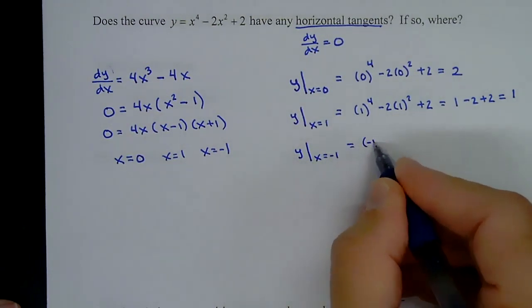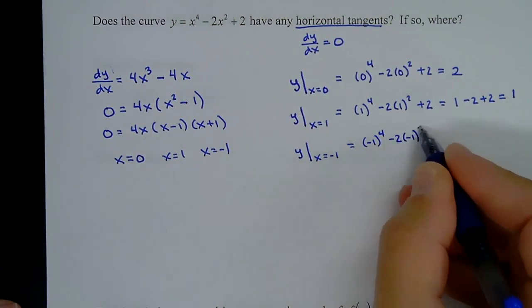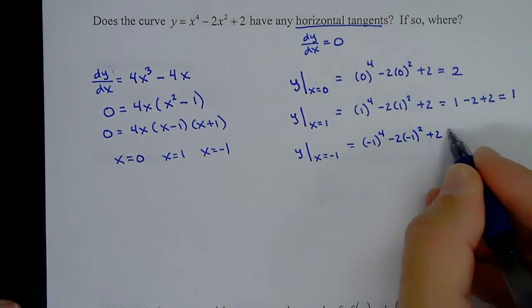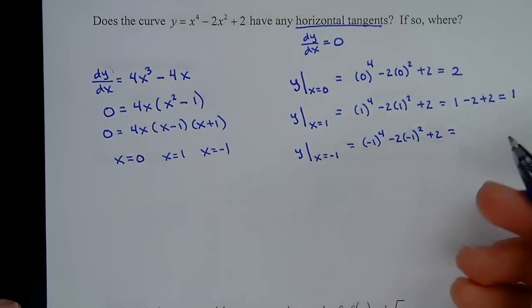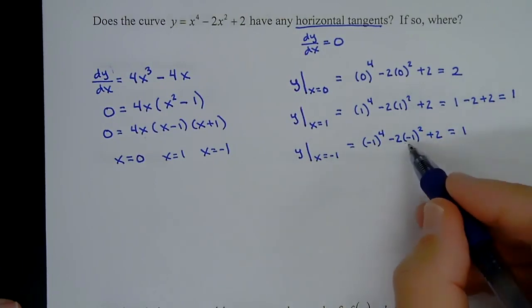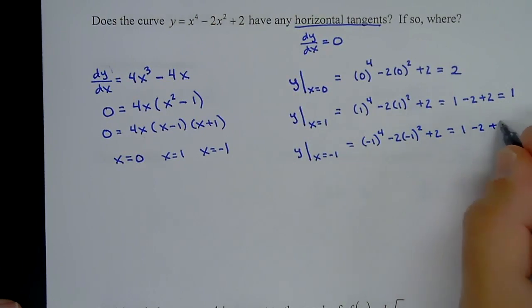So that'd be -1 to the fourth minus 2 times -1 squared plus 2. Well, -1 to the fourth, that's an even number of -1s, so it's just going to be +1. And -1 squared is 1 times -2, so -2, and then plus 2. Well, this one also comes out to be 1, right?